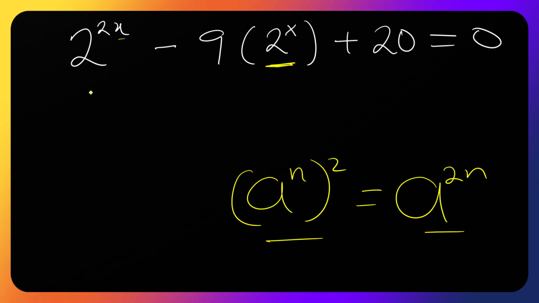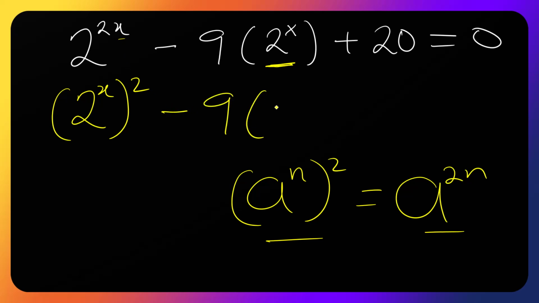Don't forget this one is the same as 2 to the power of x, squared. Per the information we have here, this one can be written in the form of this. Going back, 2 times x will be 2x, so I have done nothing. So minus 9 times 2 to the power of x plus 20 equals 0.